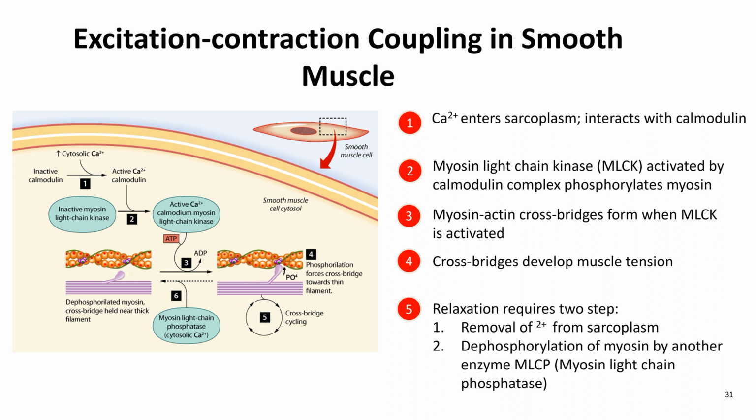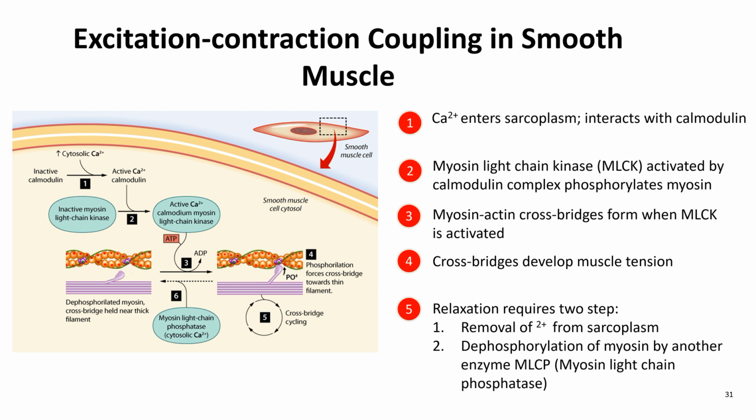Calcium will then bind to the calmodulin protein, a receiver, and form a calcium-calmodulin complex. The calcium-calmodulin complex will then activate an enzyme, myosin light chain kinase, also known as MLCK. MLCK's job is to phosphorylate the myosin head, activating the myosin, which is a slow process.